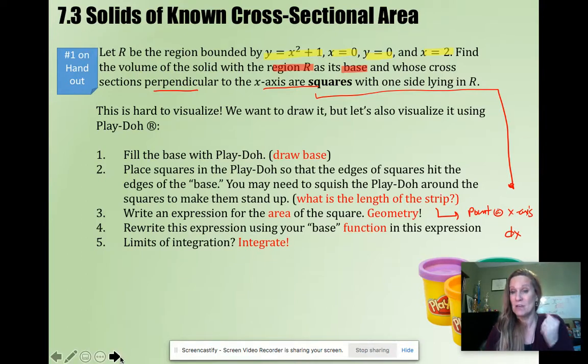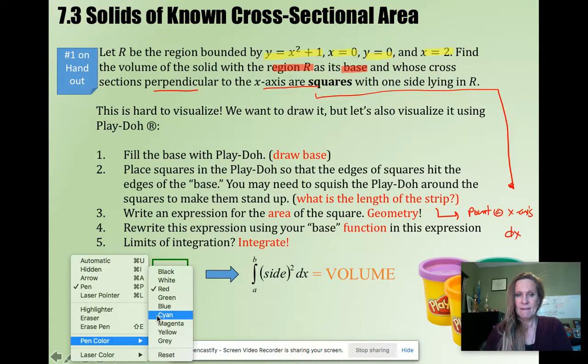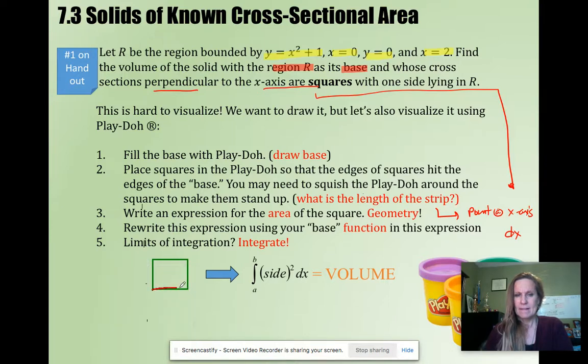X squared plus 1 is the length of one side. So each square, this was the side strip in the Play-Doh. The strip was perpendicular to the x-axis.